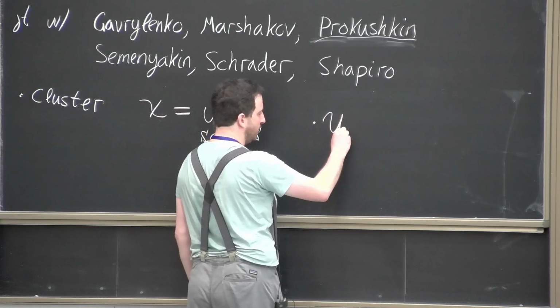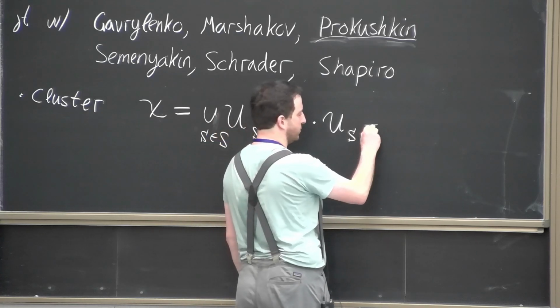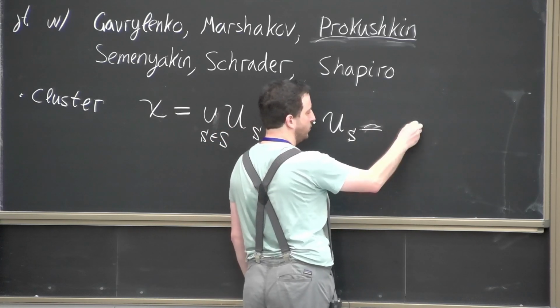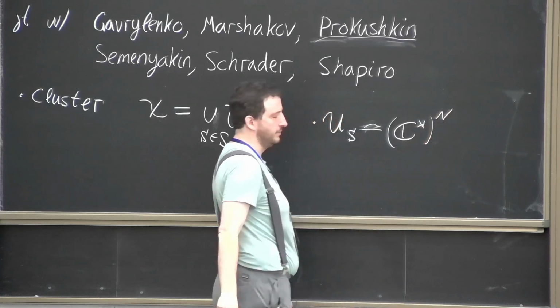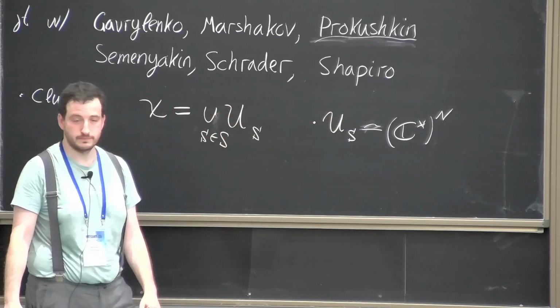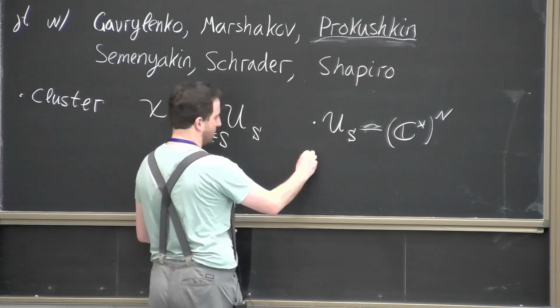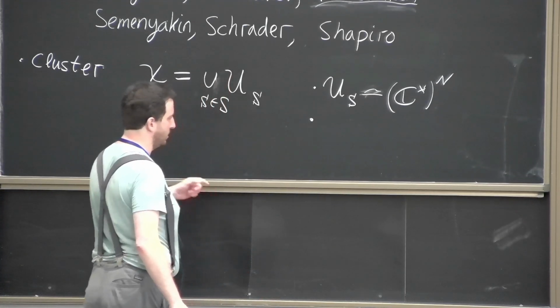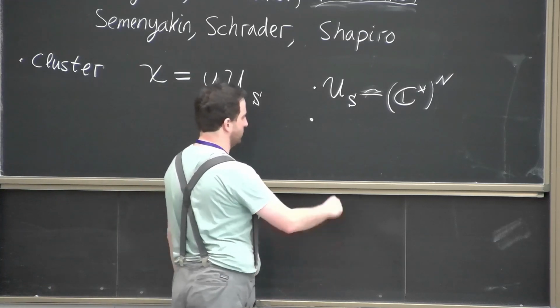So each chart is an algebraic torus, so it is isomorphic to C star to the power n, where n is the dimension. These cluster varieties are Poisson.